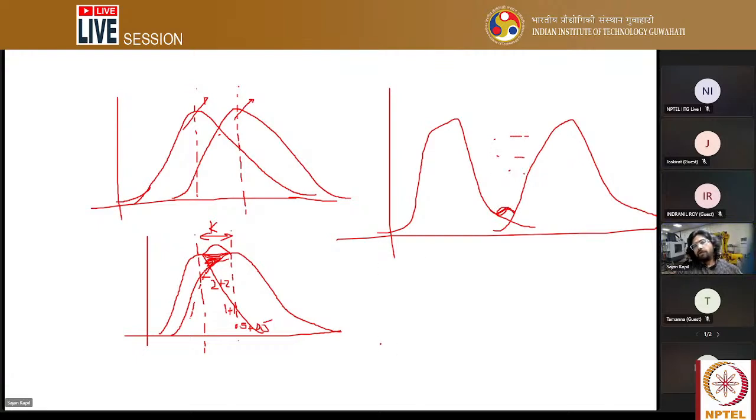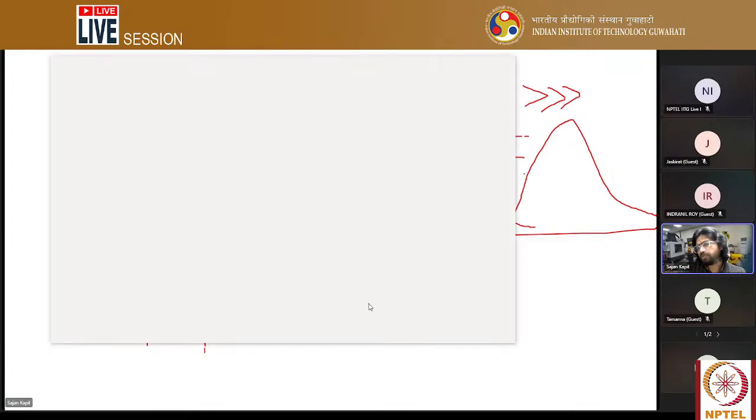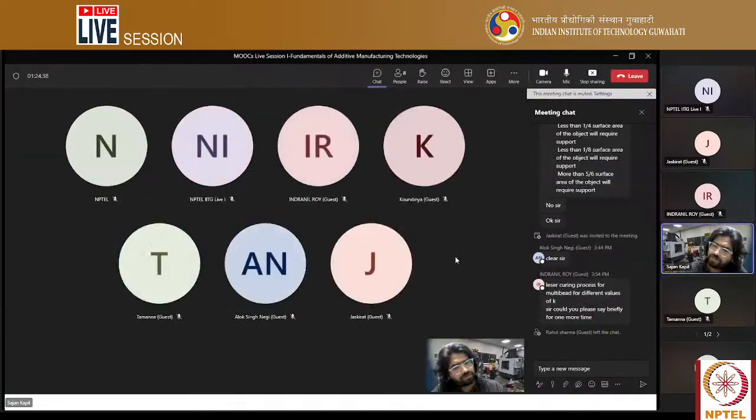So that's the importance of K. Here it is a very large K, and here a very small value of K. I am assuming K is proportional to the distance. Do you get it?